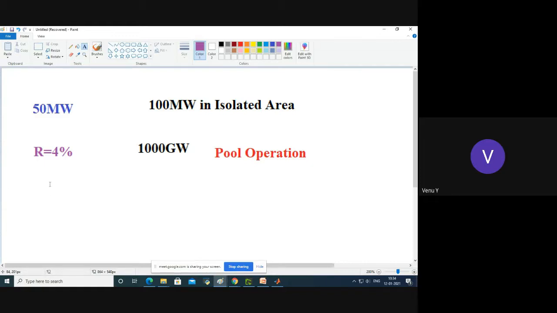At least in the first case, you can tell me very easily. What is the change in frequency in the first case? 50 megawatts load, total capacity is 100 megawatts. Droop is 4%.